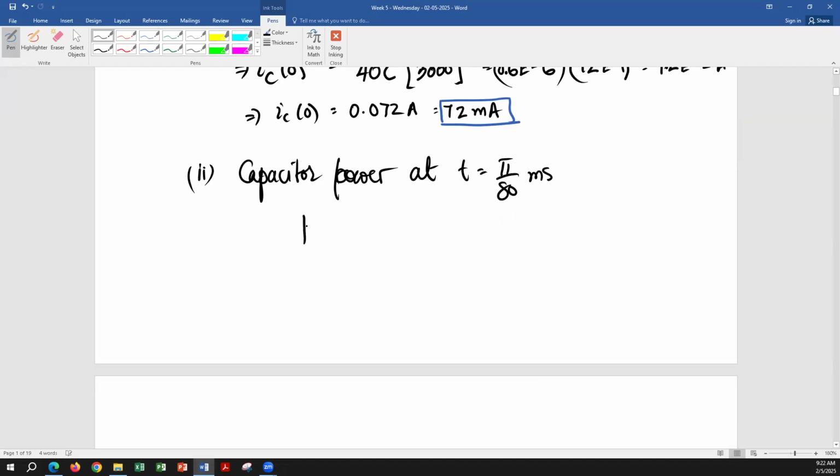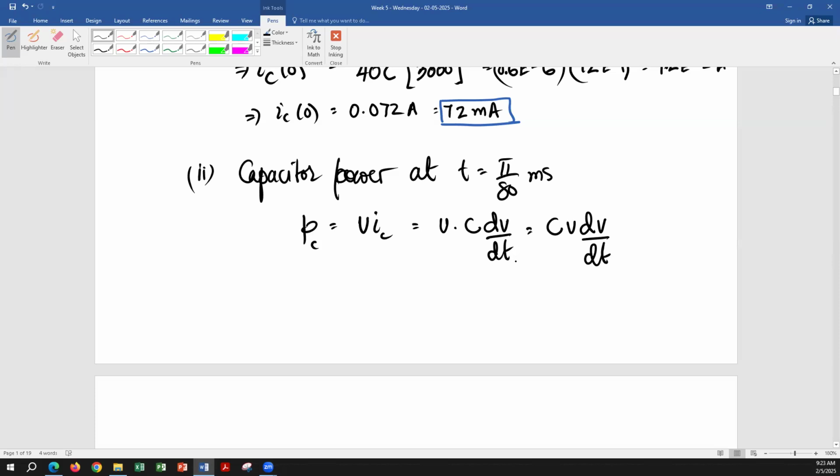So the capacitor power is calculated, of course, as the product of the capacitor voltage and capacitor current. And then we did the derivation of this equation using capacitor voltage or capacitor current. So in this case, the current equation is C dV over dt, so our final equation is CV dV over dt.